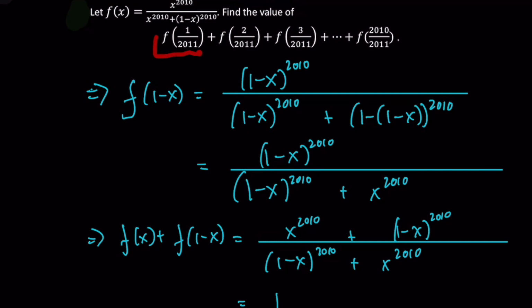Now looking at this, since we know that f(x) plus f(1 minus x) is equal to 1, I can find that this plus this is just 1. Because if this is the x, then 1 minus x will be this one.